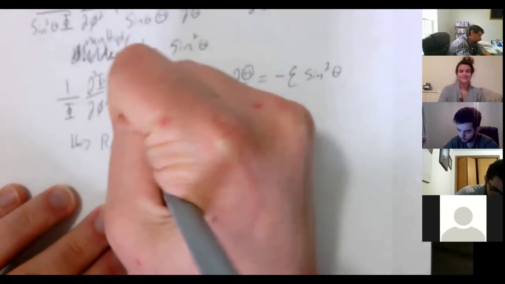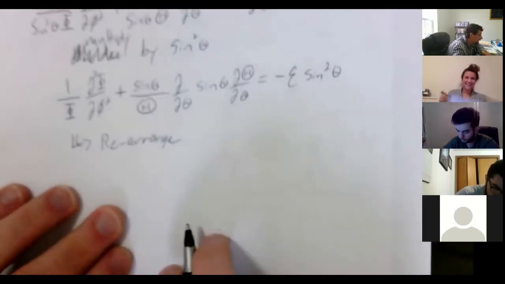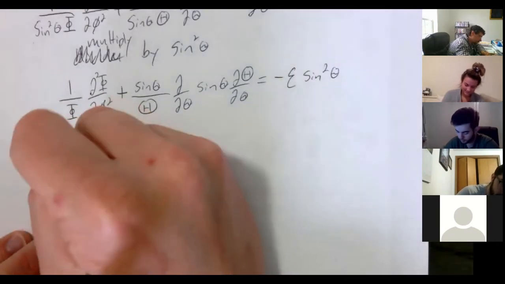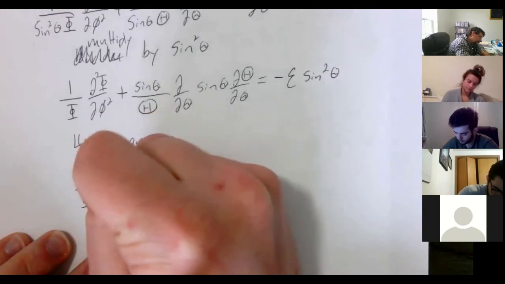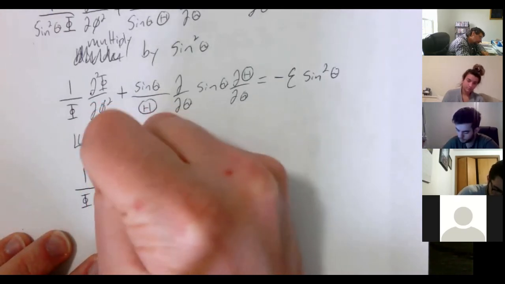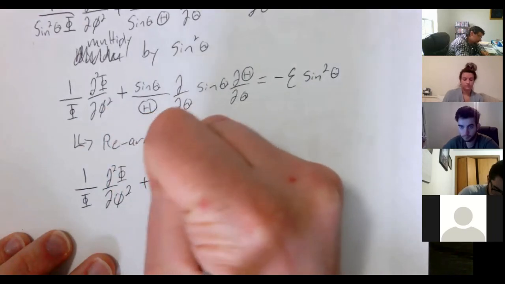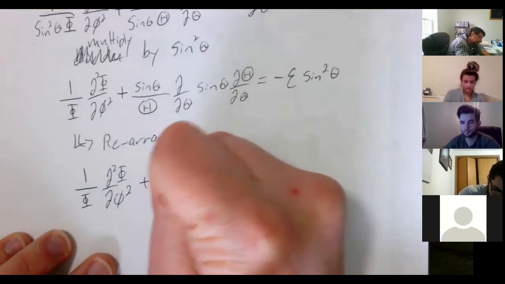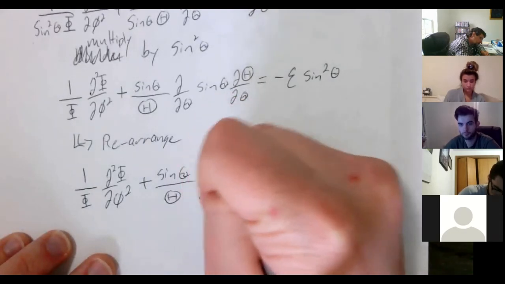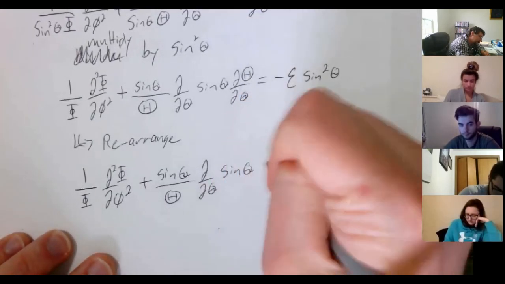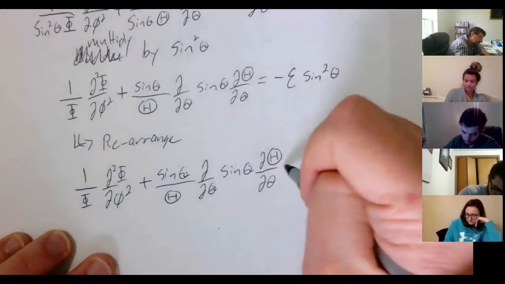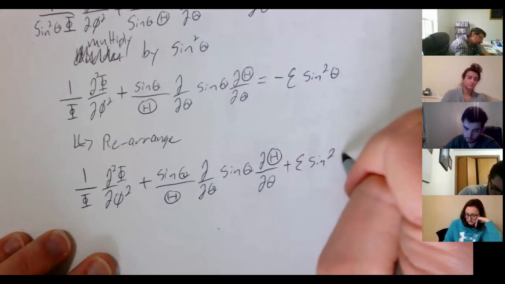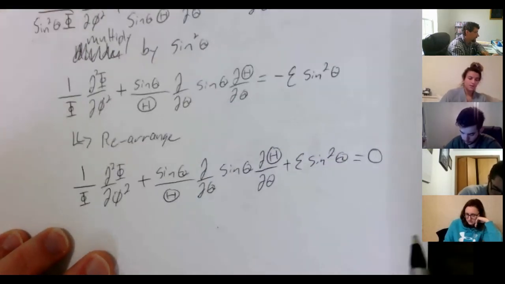So rearrange, and then we get 1 over capital phi, the second derivative of phi with respect to phi, plus sine theta over capital theta, differential with respect to theta, sine theta, that guy, plus E sine squared theta. That's all equal to 0.